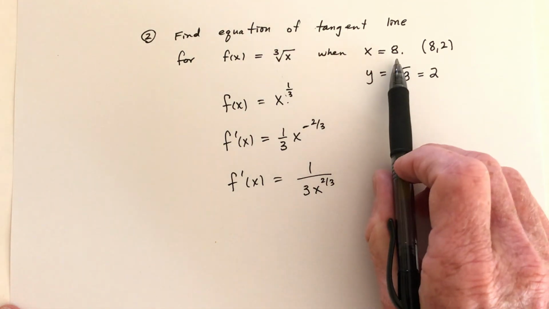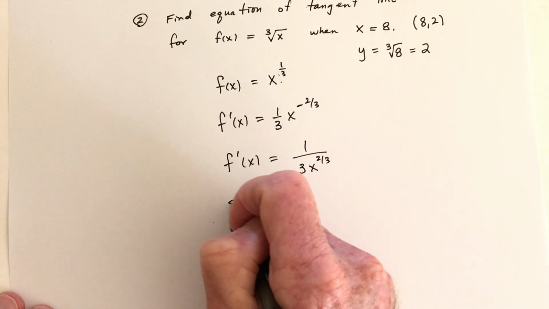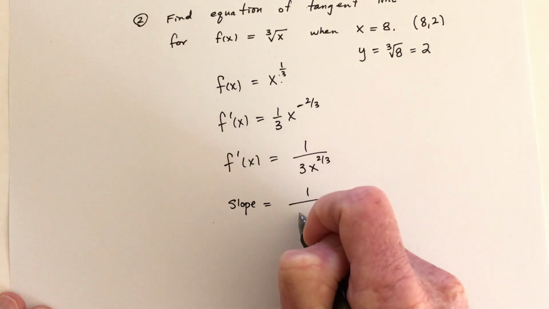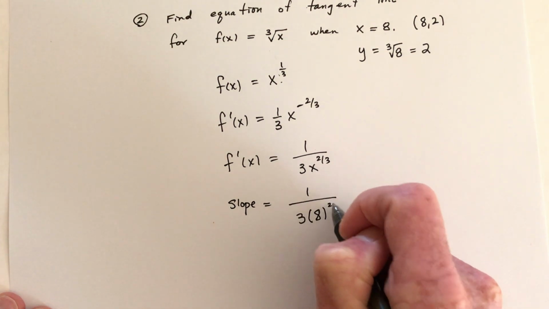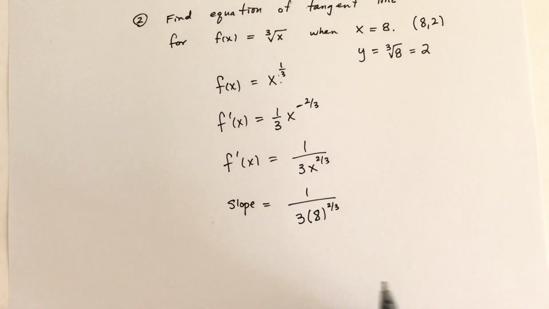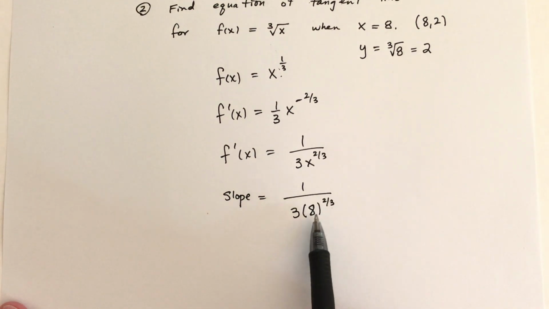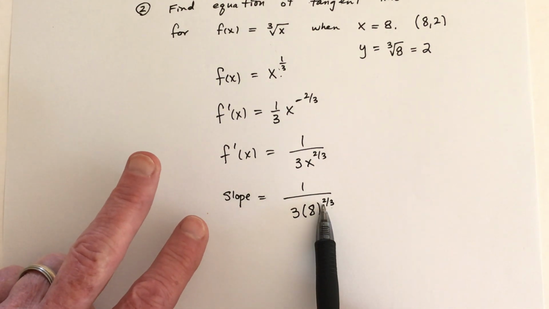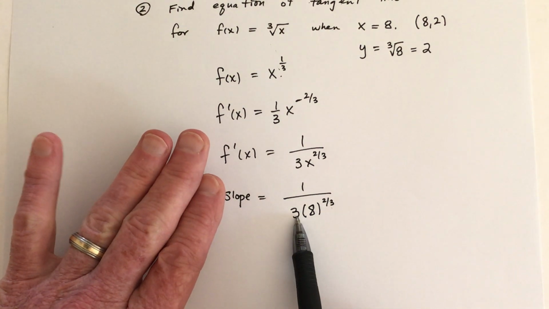And the next thing to do is plug in this 8, and then that will give us the slope. So the slope equals 1/3 times, and then put an 8 raised to the 2/3. So first I'm going to do this without a calculator. This means take the cube root of 8, which is 2, and then cube that number, which is 4, and then multiply by 3, which is 12.